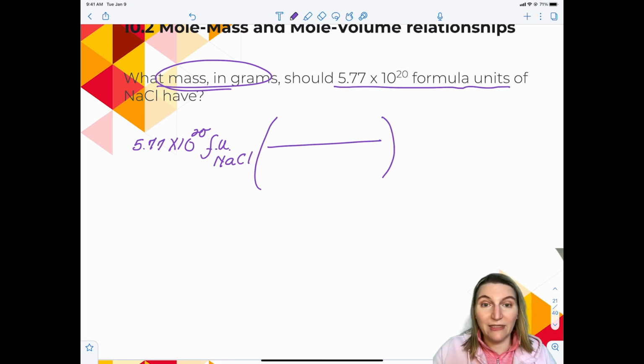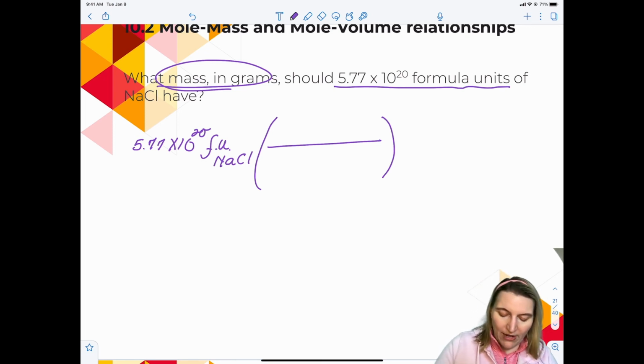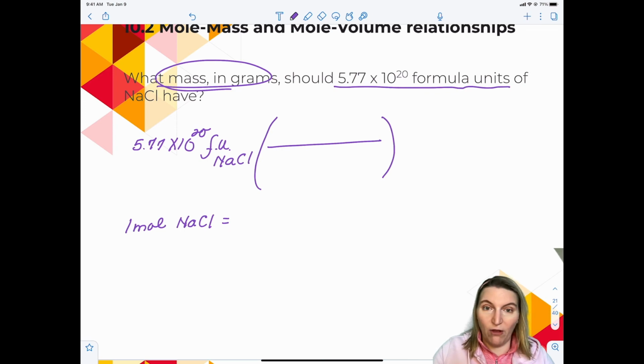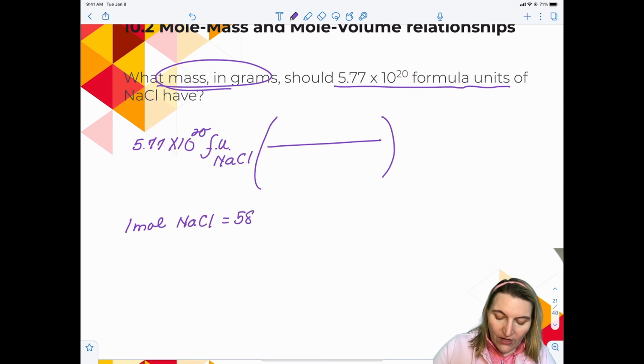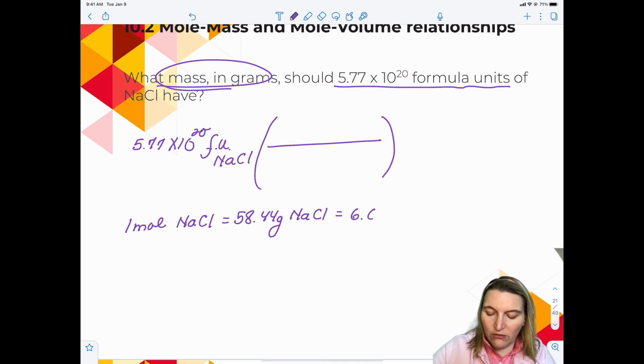It's asking for grams, so I know at some point I'm going to have to calculate the molar mass. I know that 1 mole of NaCl equals, and on my calculator, I add 1 Na and 1 Cl, and I get 58.44 grams of NaCl. But of course, I know that that's always equal to 6.022 times 10 to the 23rd formula units.